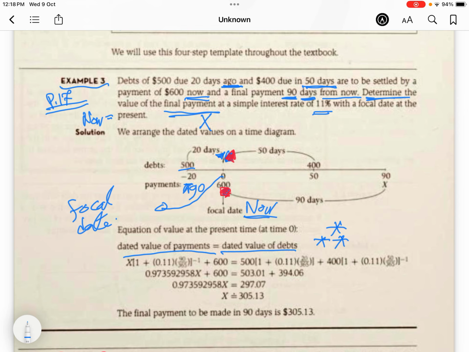Here payments, you will have $600 now, and another payment X at 90 days. See here, since we say ago means before 0, before present.